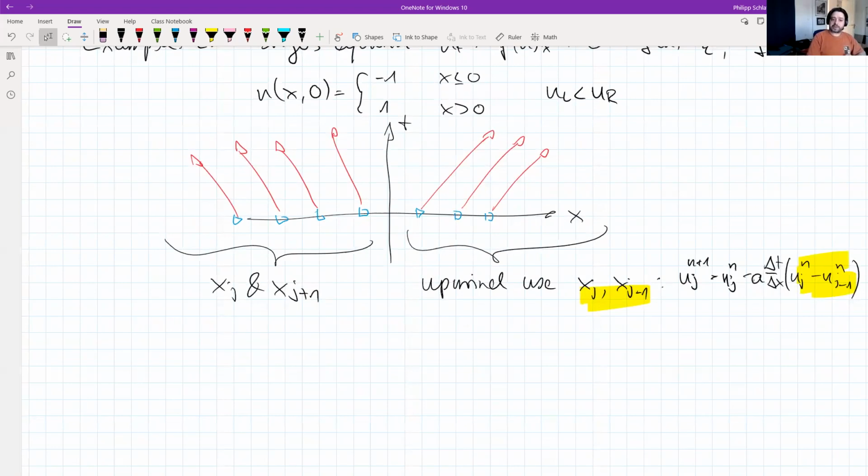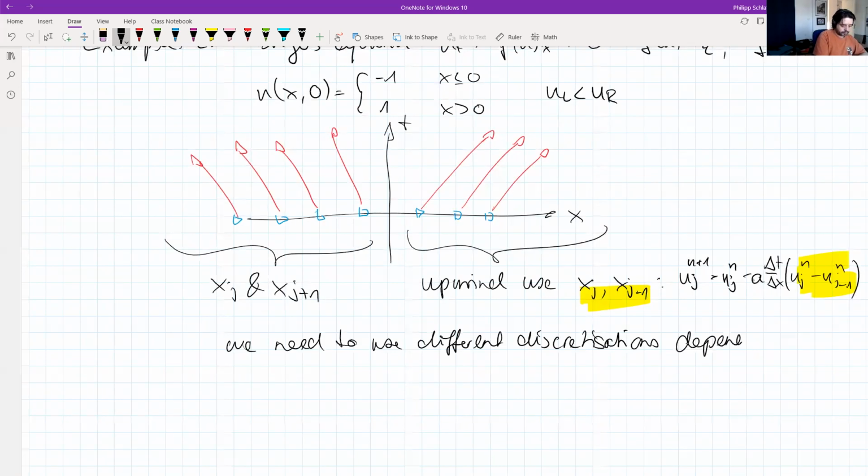So what we see directly for this problem is that we need to use different discretizations depending on the local speed.